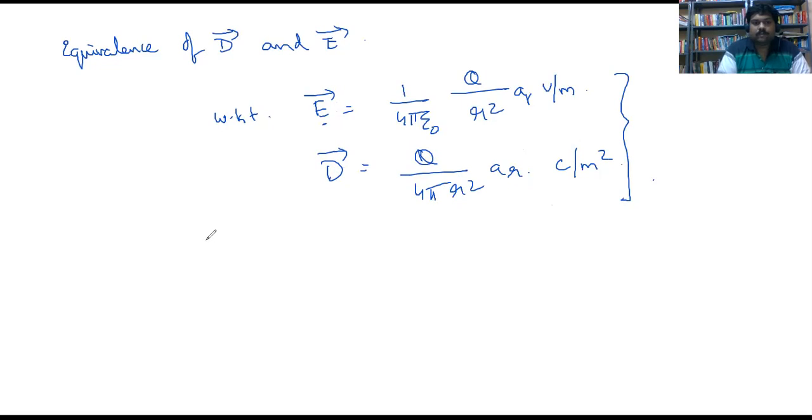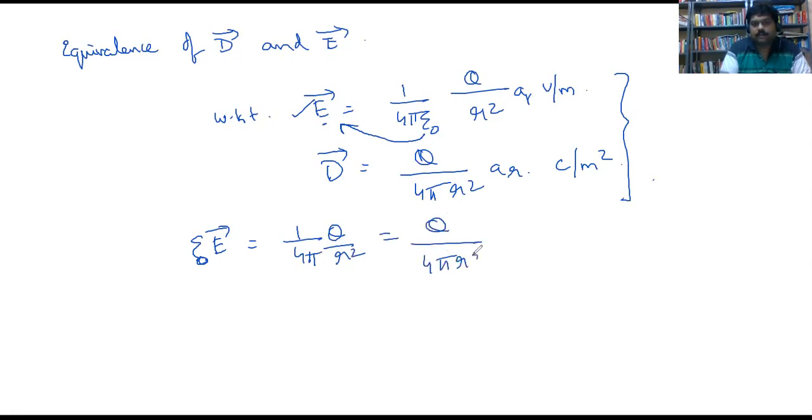If I take this equation, I will take epsilon naught to the left-hand side. So what do I get? Epsilon naught into E equals 1 by 4 pi Q by R square, which is the same as writing Q by 4 pi R square, with AR always there.